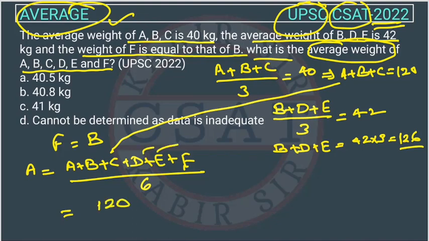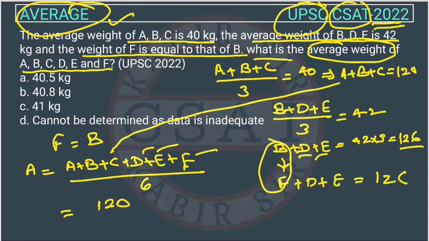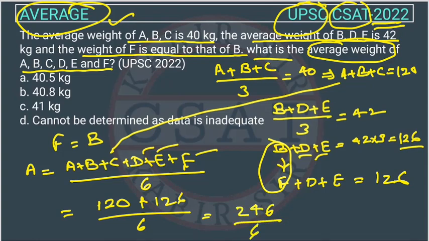We have D plus E, and F is equal to B. So this B will get converted into F, and this will be D plus E, because it is given that B and F weights are equal. So it will be 126. So this will be 126 upon 6, so this will be equal to 246 by 6.